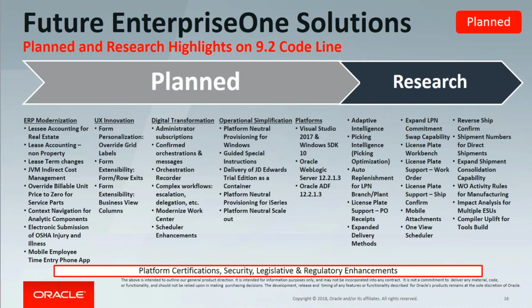The things that are still in research are beyond 12 months. So the things out to the far right, the last 3 columns, show you some of the things that are in our planning phase or a research phase, but not yet being delivered. In addition to these enhancements, we're always delivering our certifications, all of our security updates, our legislative changes, and our regulatory enhancements.